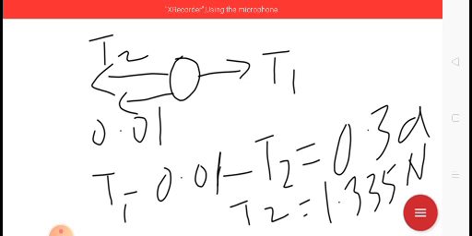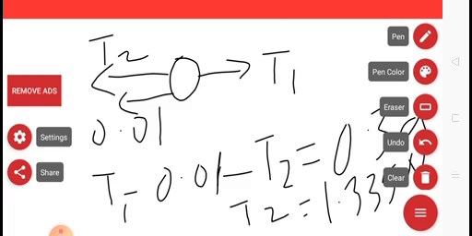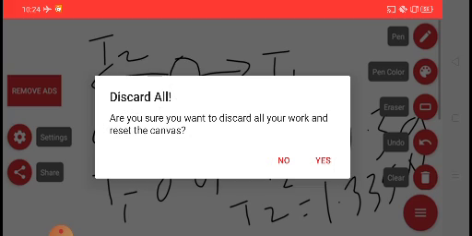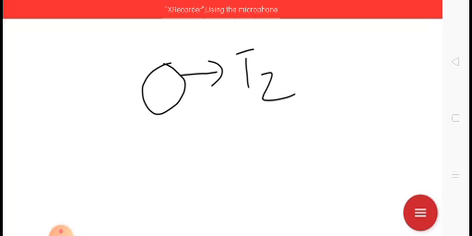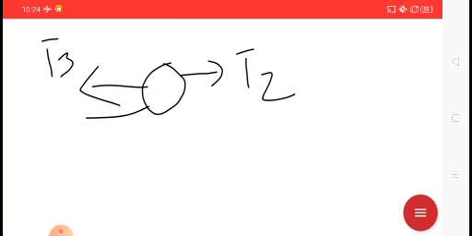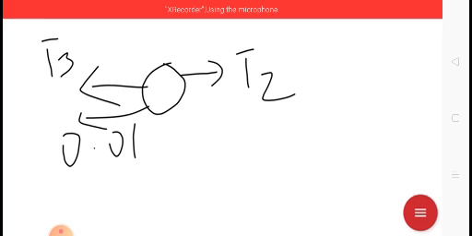By doing a similar way, we proceed to the third coupling. For the third one, you take the second truck. Here is T2, T3, 0.01.